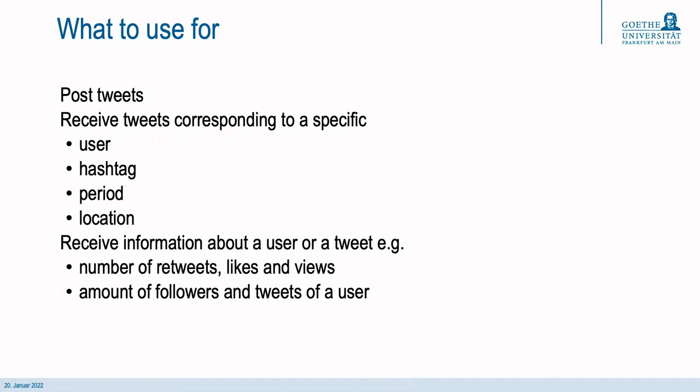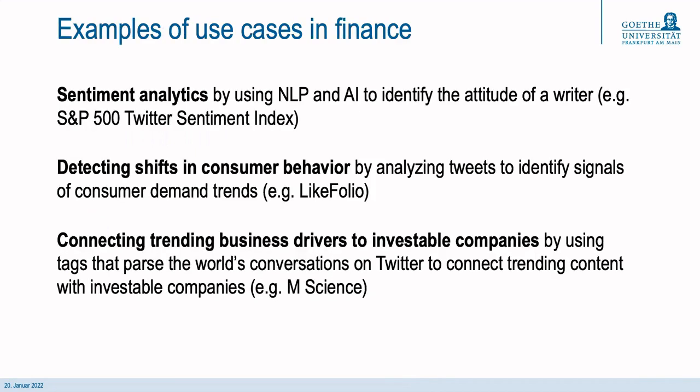of a user. But as we are especially interested in finance and accounting, I will also give you some use cases in the financial area. One can use Twitter data to do sentiment analysis. So one can use natural language processing, artificial intelligence, and textual analysis to identify the attitude of a writer with respect to a specific topic.